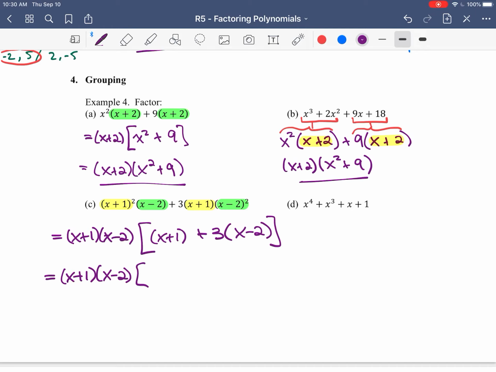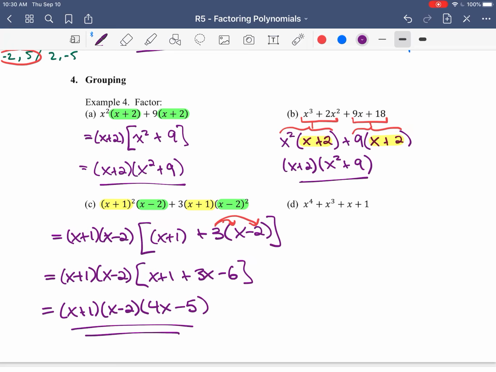Okay, so I'm going to expand everything out. So x plus 1 plus, okay, so this 3 needs to distribute into the brackets. So it's plus 3x minus 6. And now if I just combine the like terms, I'm going to have x plus 3x is 4x. 1 minus 6 is minus 5. So there's my factored form.